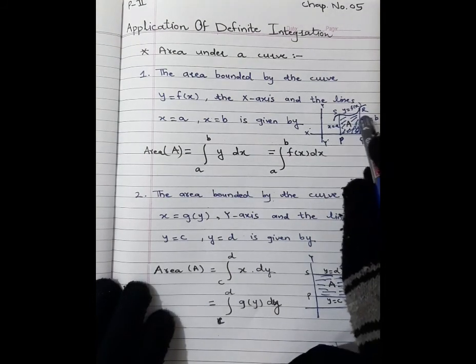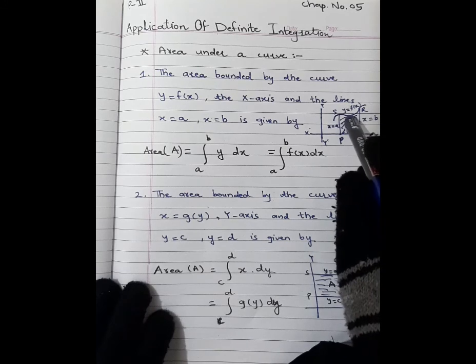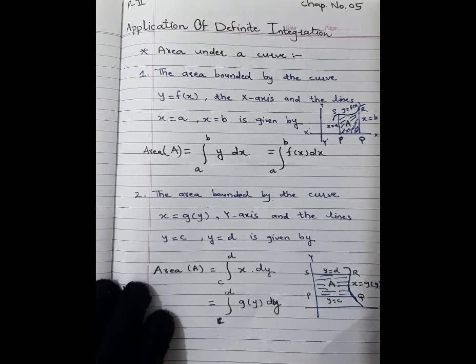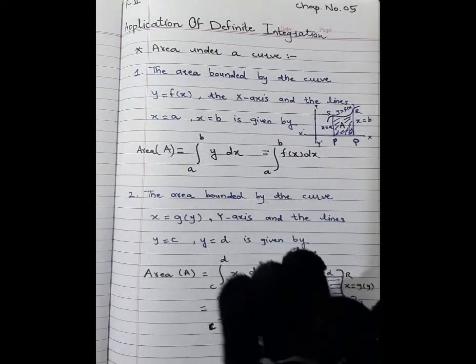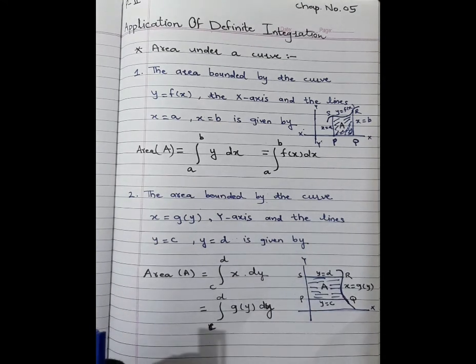Here, given one curve, suppose y is equal to f of x or x is equal to g of y. In general we'll find the area under a curve, the area of a bounded region.